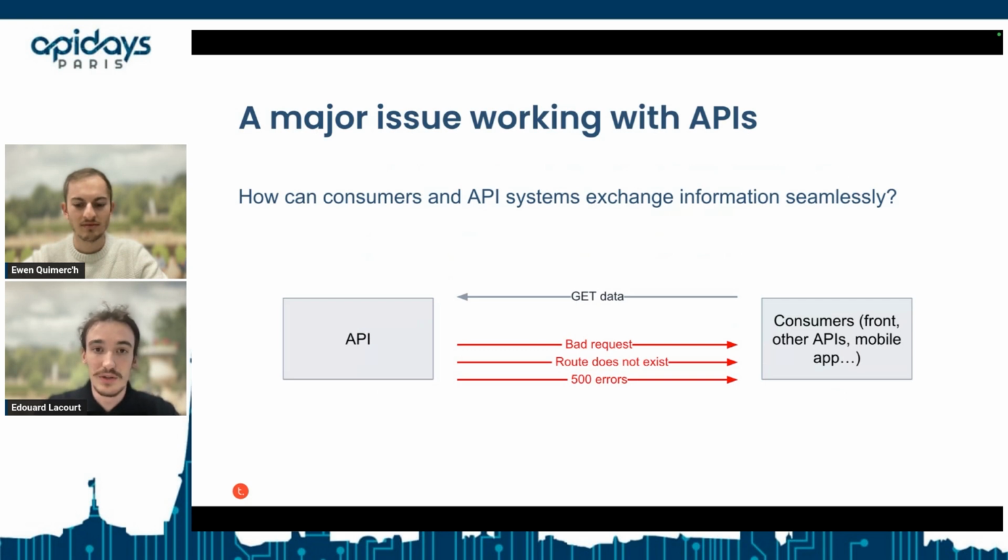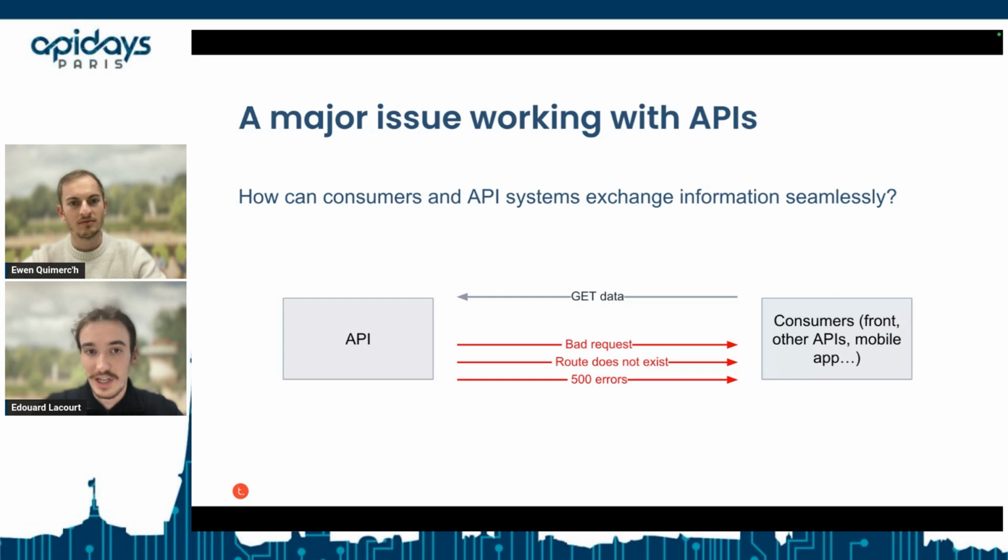This can result in a misconception about how the API is working, and it could lead to a situation where the front-end team says, "Hi, API team, there is a bug in the API," but the API team responds that there is no bug and it's just a brand new feature. So how can you align both API producers and consumers?